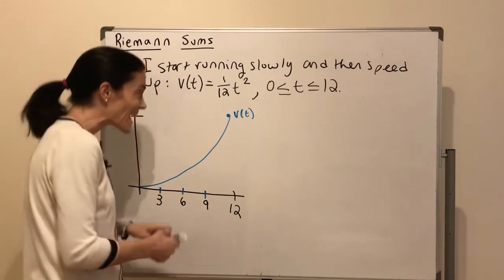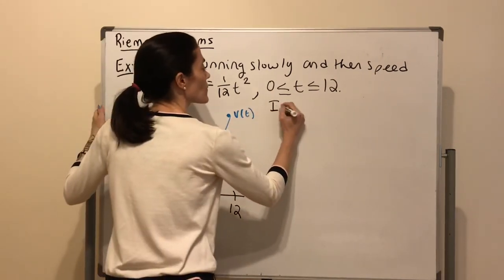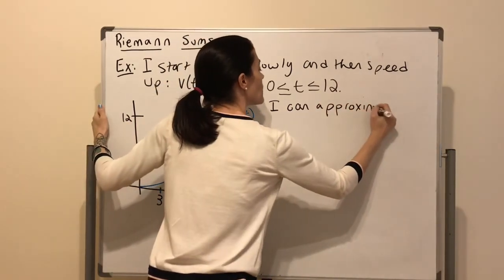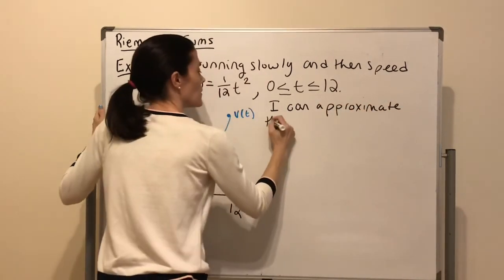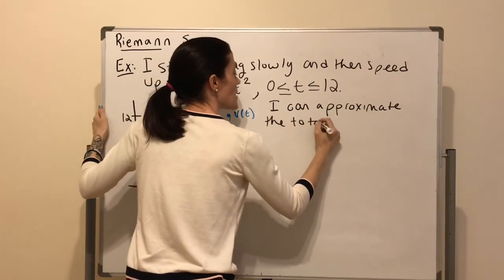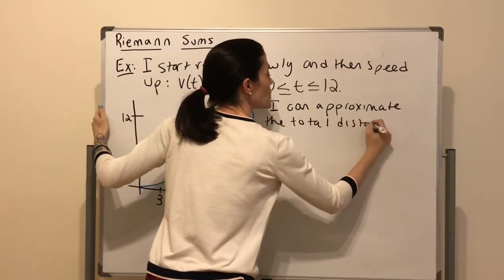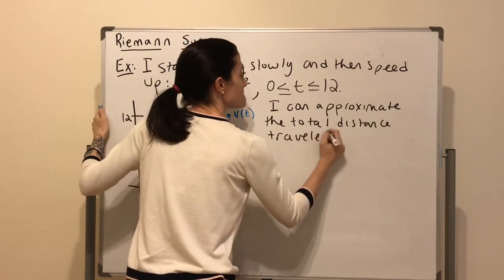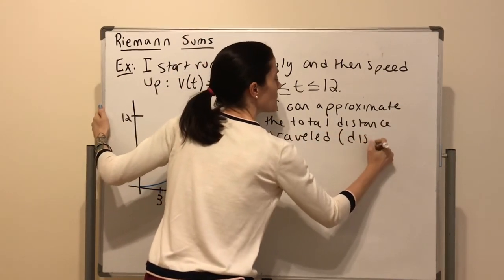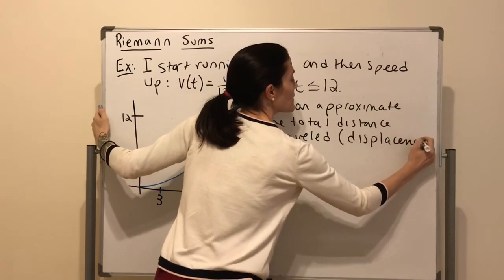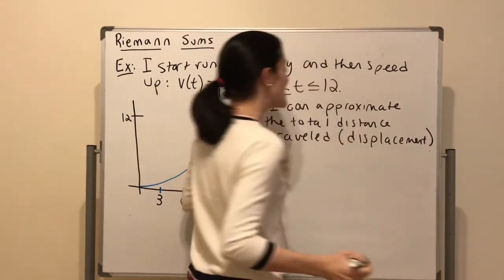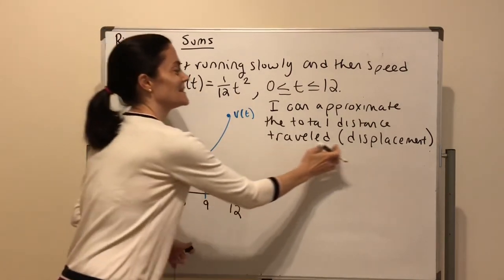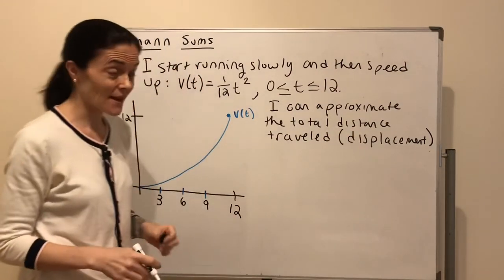Well, I can approximate the total distance traveled, or really displacement, but as I'm only moving forward and not backward, these two would be the same thing in this case.